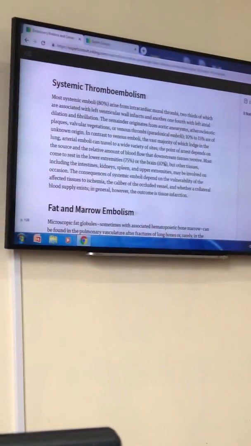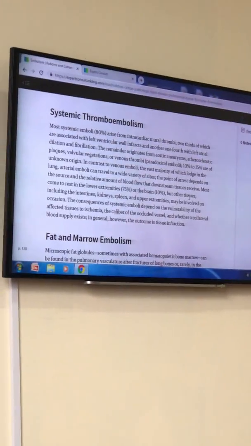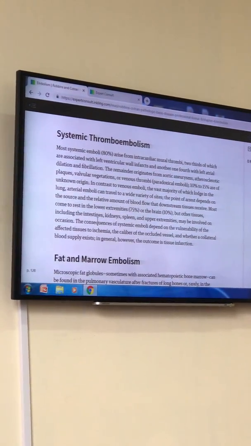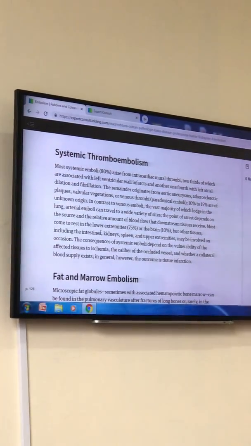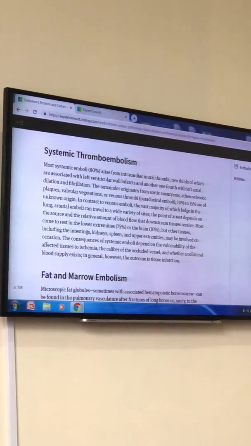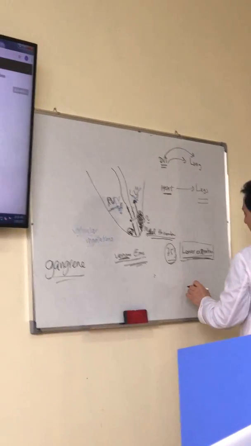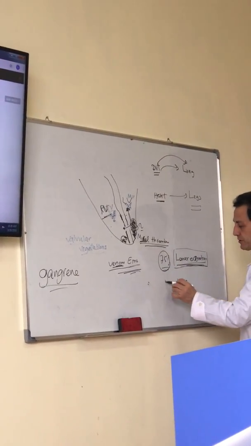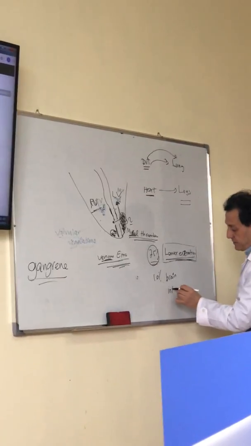Less common areas are the brain, 10%. So from the heart, they can travel to the brain in 10% of cases. The other organs include the intestines, or bowel tract, where we can have bowel infarction, or kidneys, spleen, and upper extremities. So after the lower extremities is the brain, 10%, and less common areas are the intestines.